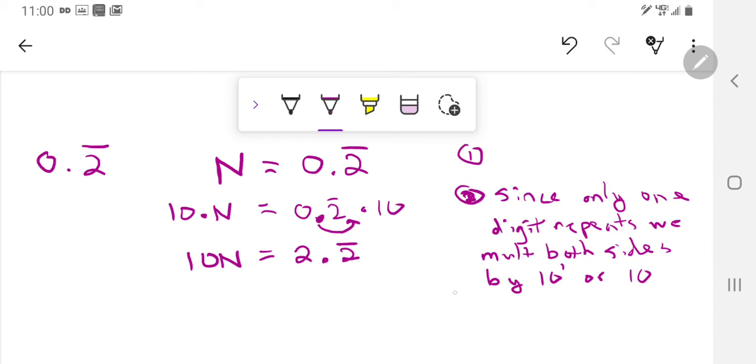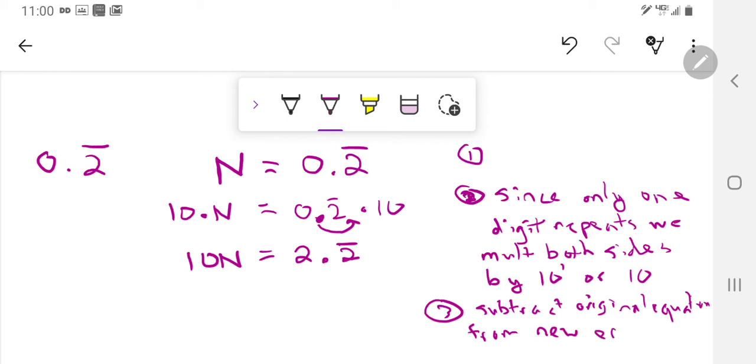Now, step 3. Another crazy, interesting step. What we're going to do is we're going to subtract the original equation from our new equation.